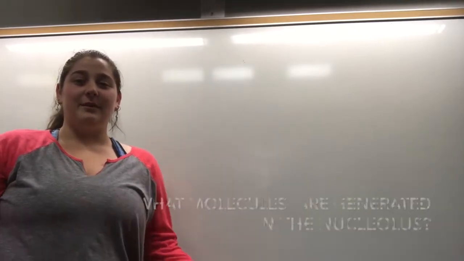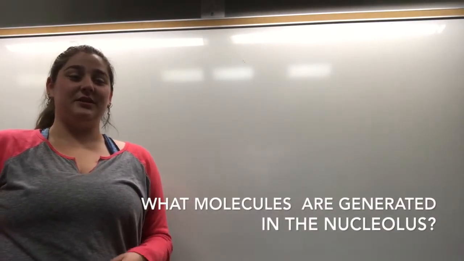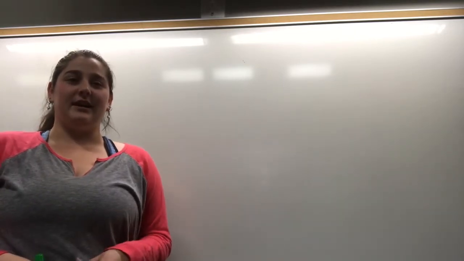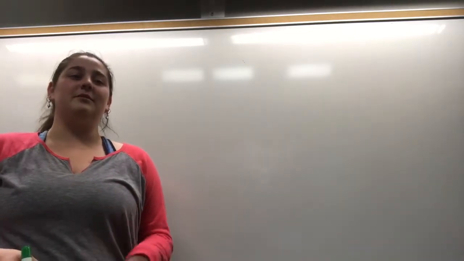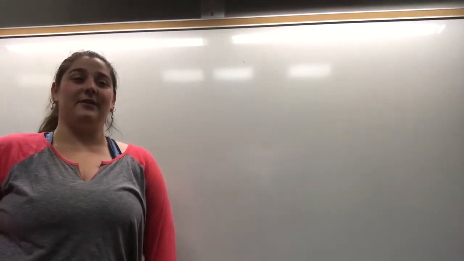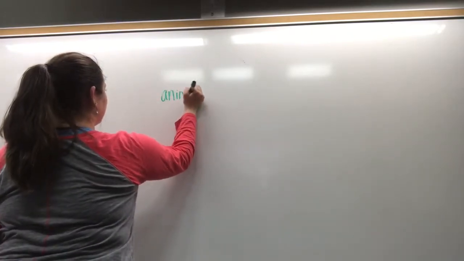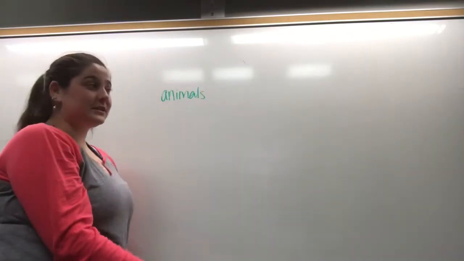So, to go off of what my previous colleagues said, the nucleolus is a large structure within the nucleus where ribosomal RNA is transcribed and where ribosomal subunits are assembled. The nucleolus can be found inside animals as well as plants.